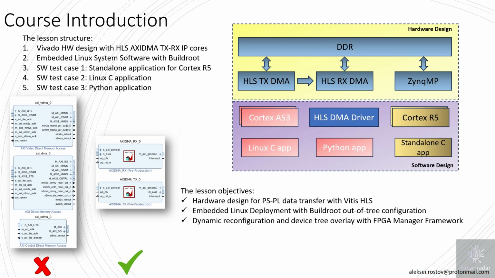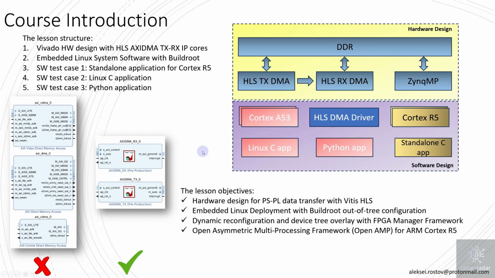Besides that, my embedded Linux will have some configuration, for example kernel, rootfs packages, and additional device tree changes in order to meet all requirements to run all three software test cases. And as one example, I will show how to work with the FPGA manager framework, which allows configuring programmable logic in the device tree during runtime from Linux without rebooting.